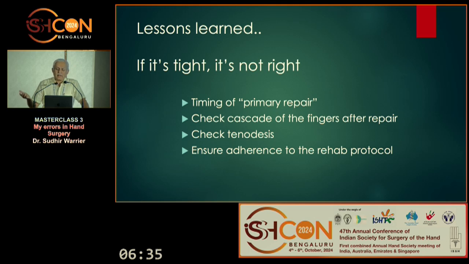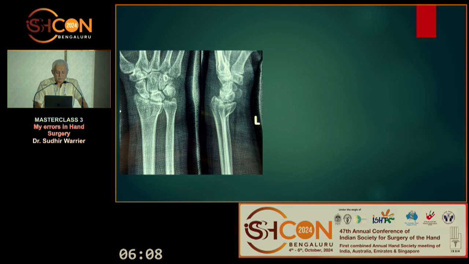And once they get back, the kind of work they do, they're going to harm themselves somewhere or the other unless they've healed completely and they've got the power enough to do their jobs. Adherence to rehab protocols is very difficult in people from outside states, from states away from where you work, and also in patients who are impatient as well as people who require to do very, very heavy work.